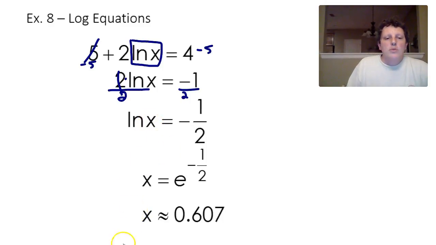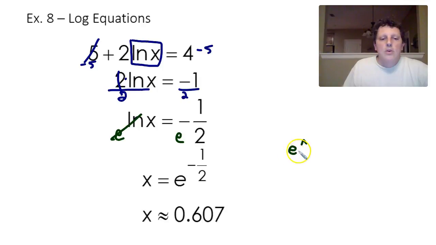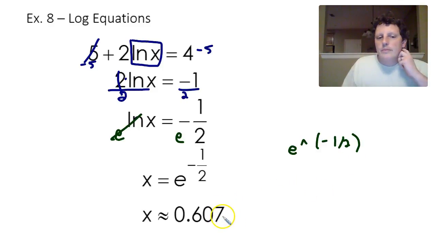So how am I going to get rid of the natural log? I'm going to put a base of e on both sides of the equal sign. It's going to cancel out the natural log and leave me with just x. And then I have it in my calculator to raise e to the -1/2 power. Now, I don't know if we've talked about how to do this, and it may be self-explanatory, but in your calculator, there is a button that is e raised to the, and you're going to hit that button, and that's when you're going to put in -1/2, and it'll give you this decimal.